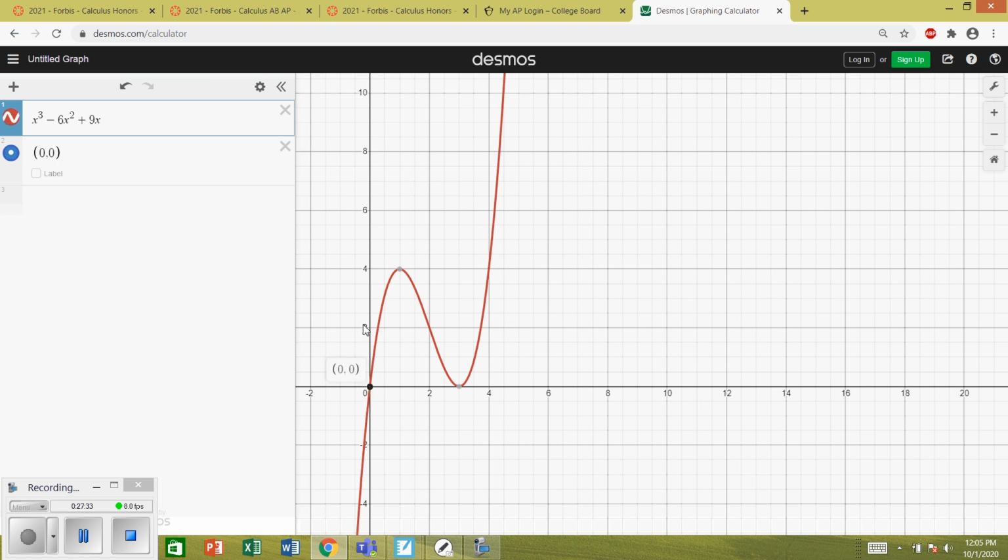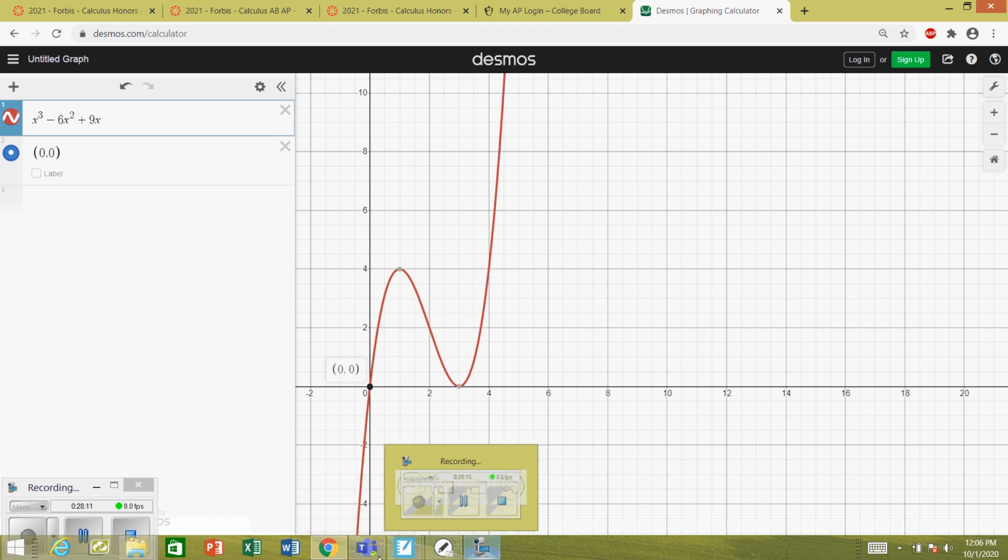We're slowing down from 0 to 1. From 0 all the way up to 1, we're slowing down. And then from 1 to 2, we're going down here, so we're speeding up. From 2 to 3, we begin to slow down. And then from 3 on, we speed up again. We're going to discuss more about speeding up and slowing down in terms of a graph at a later time.